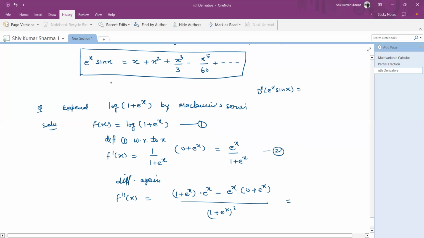So this gives us 1 into e raised to the power x upon (1 plus e raised to the power x) to the whole square.